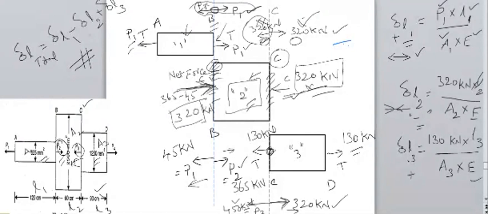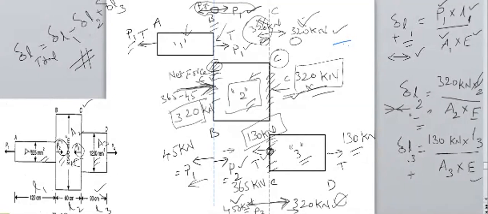Therefore, I need to find the net force applied on the C face for the third portion. We get the net force as 450 minus 320 because both are moving in opposite directions. The answer is 130 kilonewtons. The force 450 is more, therefore the net force will be moving towards the left hand side.